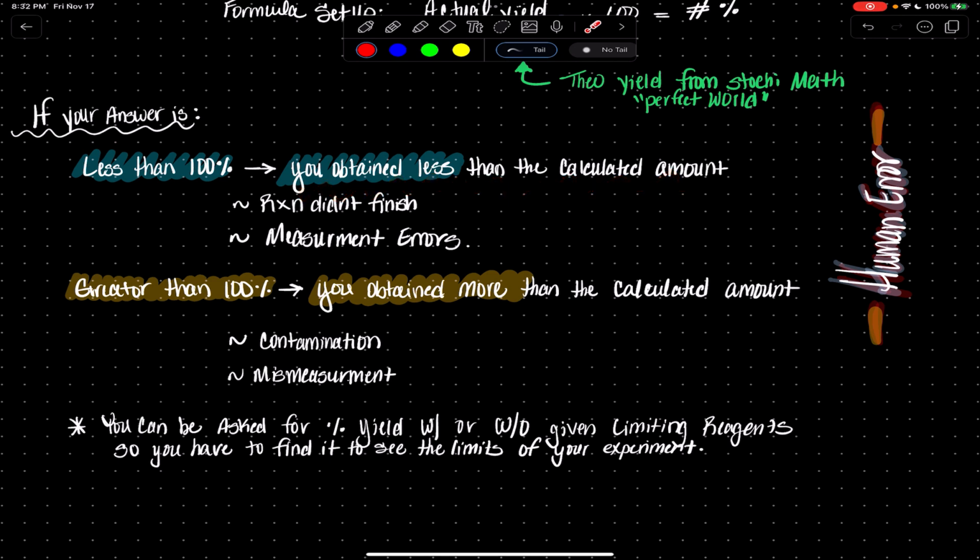What that means is probably you didn't let the reaction happen for long enough, the conditions weren't right, there was interference of some kind, maybe a temperature variation or what have you. Sometimes you didn't give it enough reactants at a time because you measured wrong, or any number of inputs that a human has to do can make things go less than ideal, which means you produce less product.